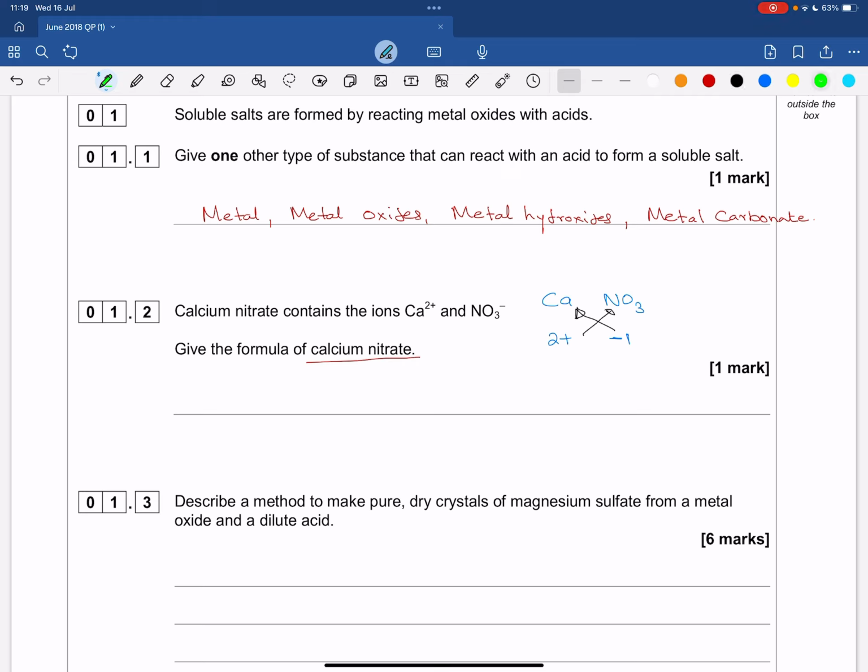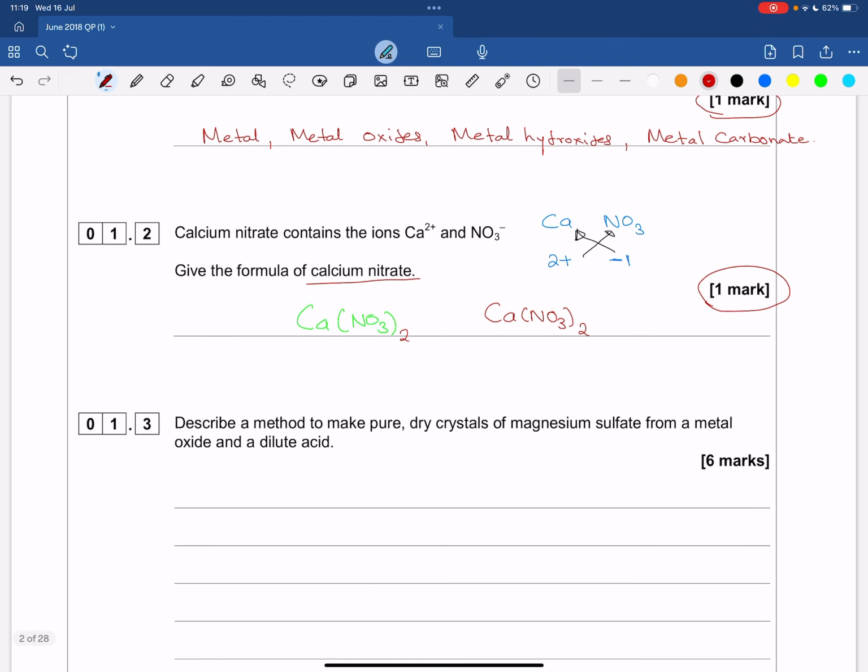NO3 is a polyatomic ion, so you need to treat it as one entity. For every one lot of calcium, you need 2 lots of NO3-. So the formula would be Ca(NO3)2. You need to keep that in the bracket. So that's how you do that.